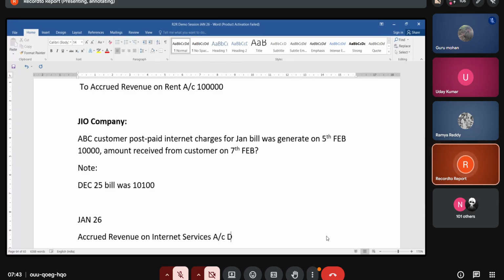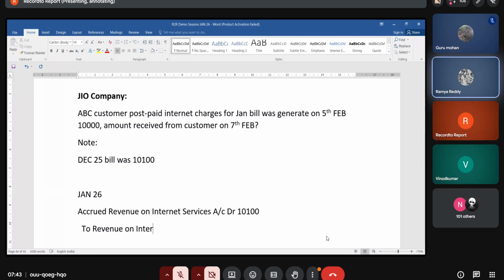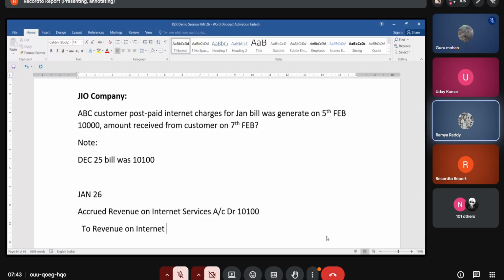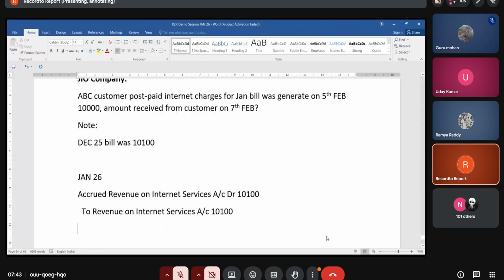Accrued revenue, internet services account debit. What is the money they have to book? 10,100. Revenue account, internet service charges, 10,100. It's a reversible or non-reversible case?